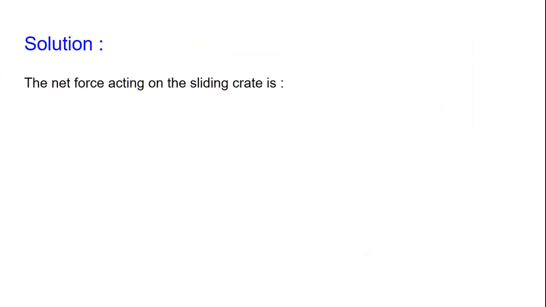The net force acting on the sliding crate is given by F is equal to the component of the weight that's parallel minus the frictional force. The component of the weight that's parallel is equal to mg sine theta, as we saw in the free body diagram. And the friction f is equal to mu k times N, where N is the normal force and mu k is the coefficient of kinetic friction, as you've seen in grade 11.